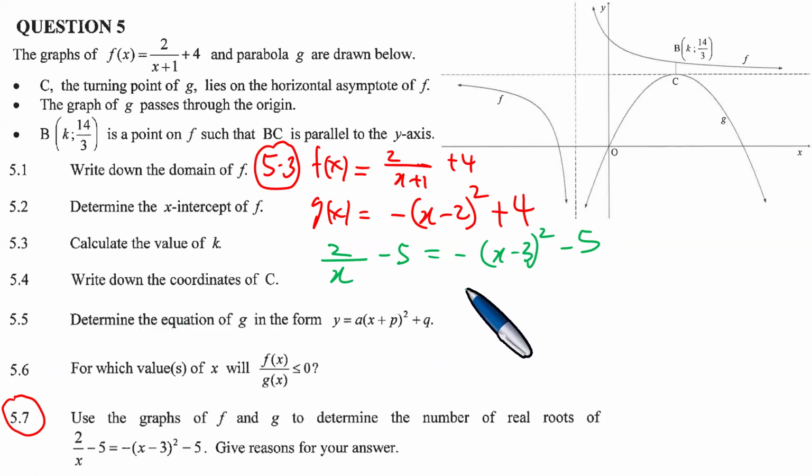So what do we have? We have 2 over, and then you'd have x, according to the original, x plus 1, and then now we're going to put a minus here.